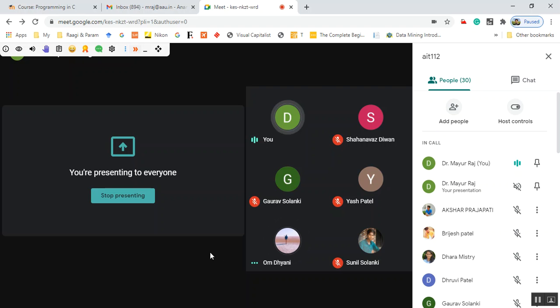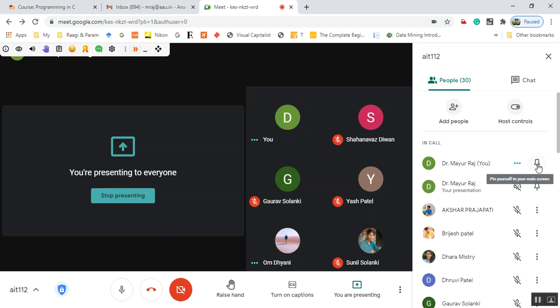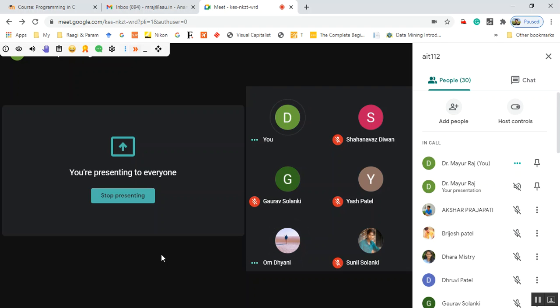Okay, it asks. Now what will you use to input data? So we will use the keyboard. Okay, fine. You will use the keyboard to input data to the computer, and the computer will process it and give output. Correct? Yes. Okay.